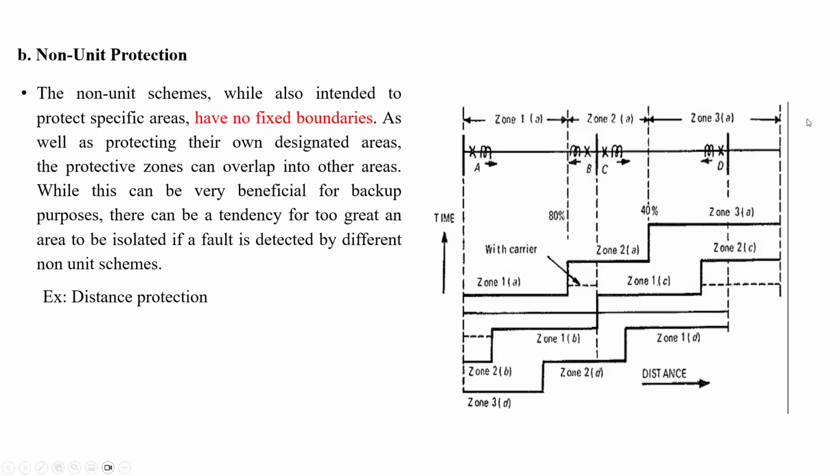But the advantage of non-unit protection is that it can protect the first zone area and also act as a backup protection for the next protection zone as well. So time grading and current grading capabilities are available in non-unit protections. Generally, non-unit protections are time-graded overcurrent protections as well as distance protections. These all come under non-unit protection.